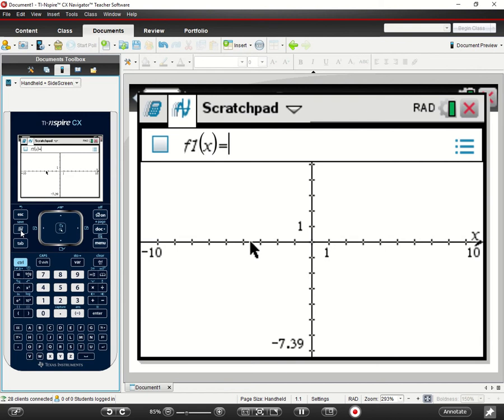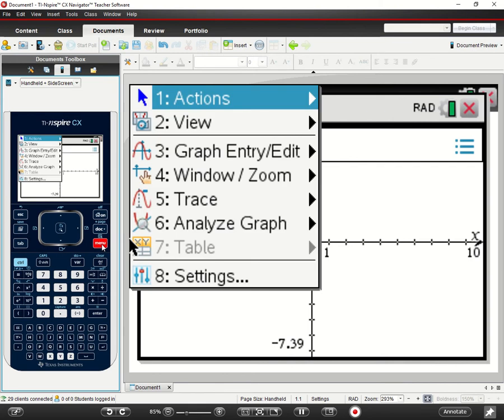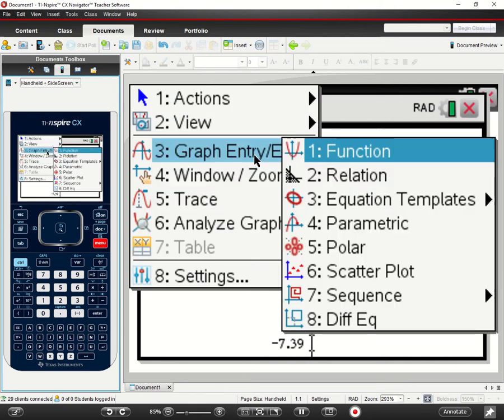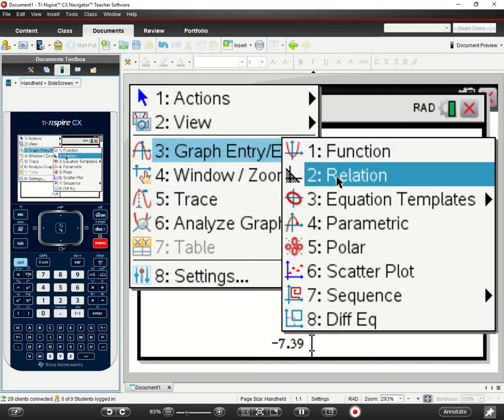Now, this is super important. To graph a circle, it is not a function. It fails the vertical line test. So you have to hit menu, graph entry, relation.